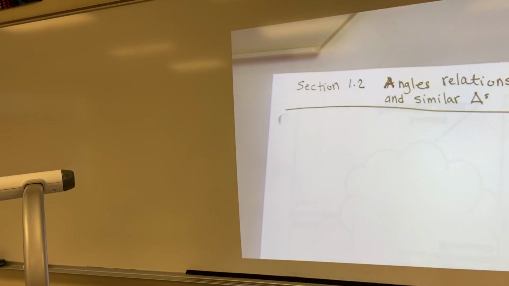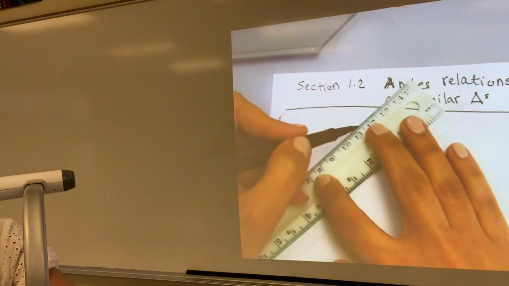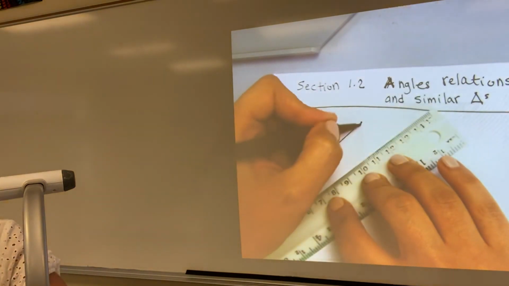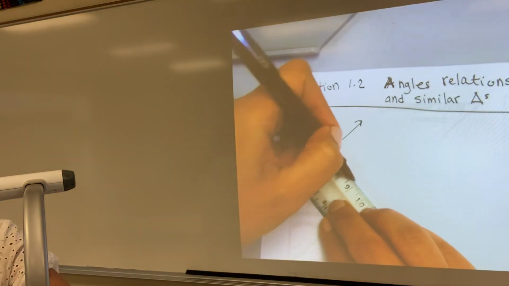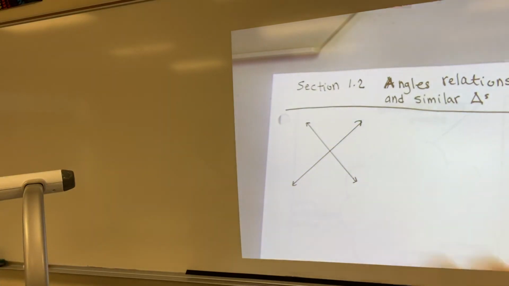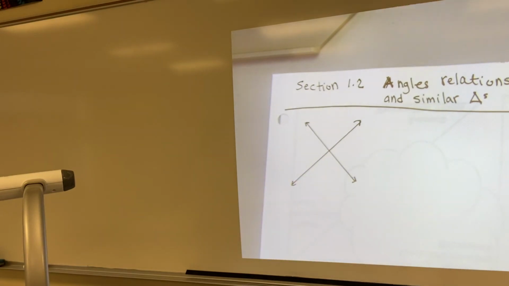Okay, so first, when we have two lines that cross each other at one point, as we see here, we have two lines crossing each other, and as you see, I have four angles that formed from this crossing.